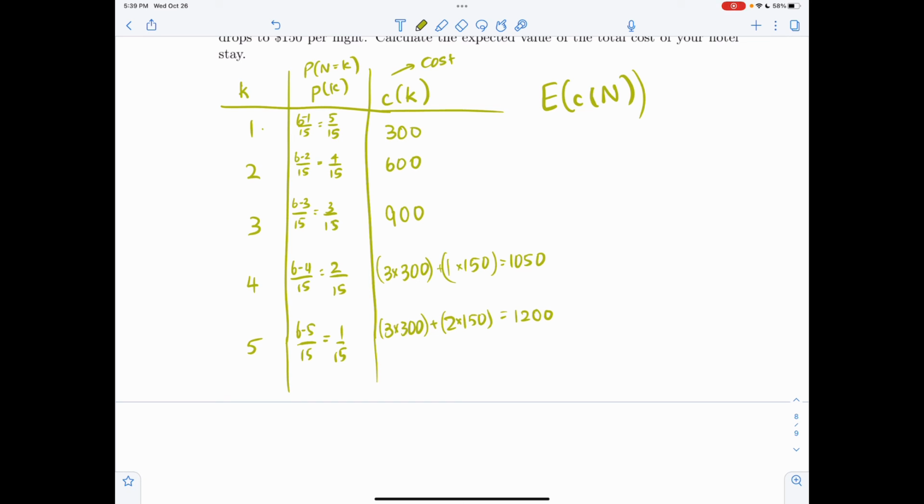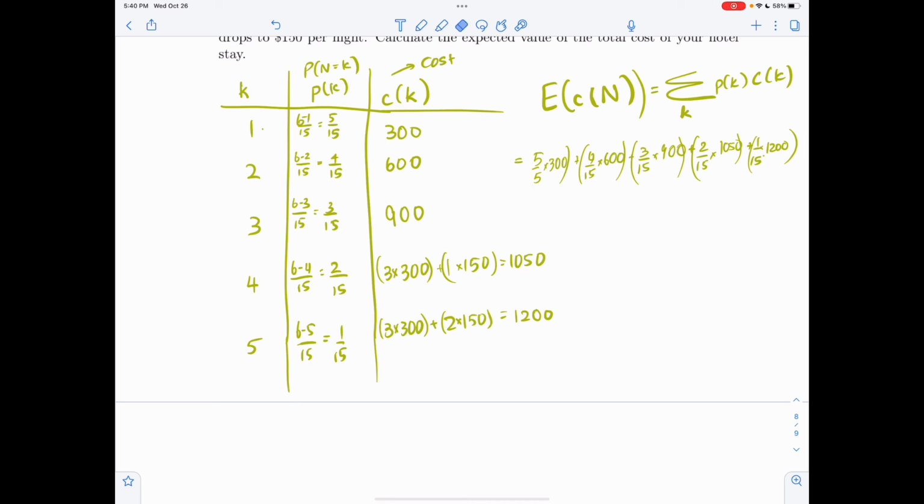Okay, so now what will this be? This is the sum over K. It is 5 over 15 times 300 plus 4 over 15 times 600, and so on.